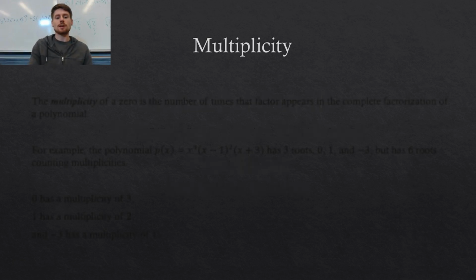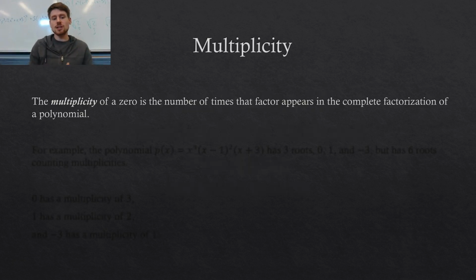What is multiplicity? Multiplicity is just the number of times that factor appears in the complete factorization of the polynomial. So you can imagine if you have a polynomial like (x plus 1) cubed, then when you expand it all out, you get this one long thing. It only has one zero though, but that zero repeats itself a bunch of times, right?